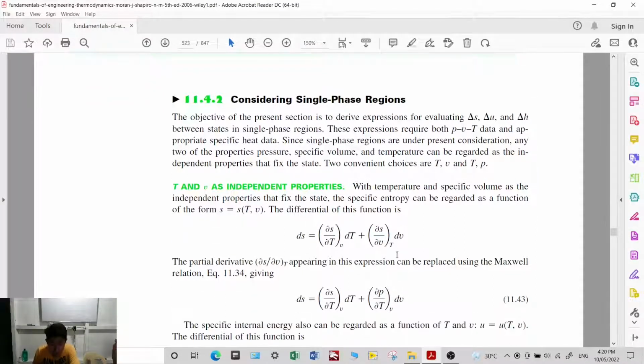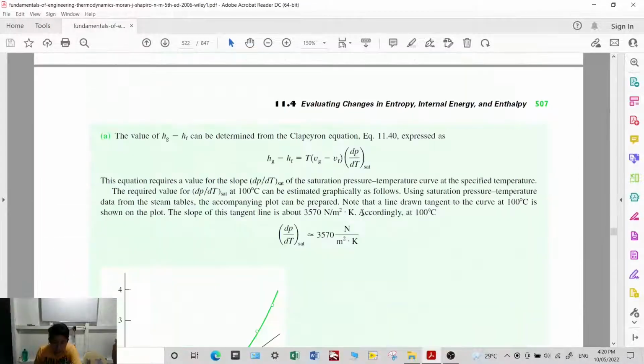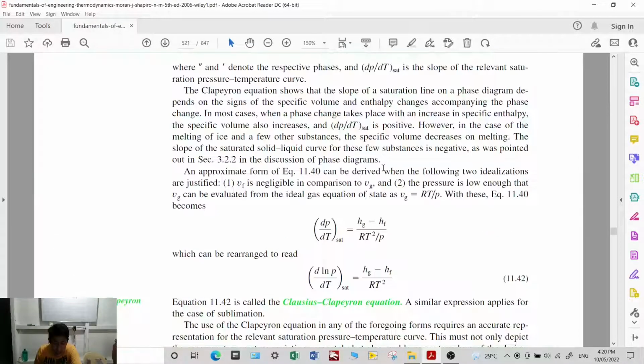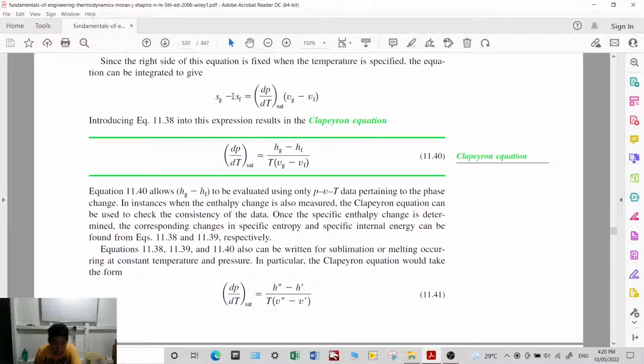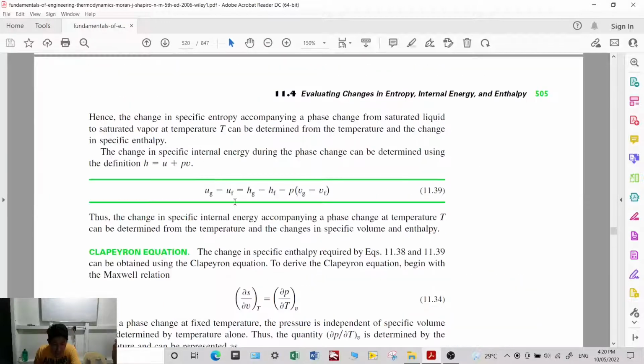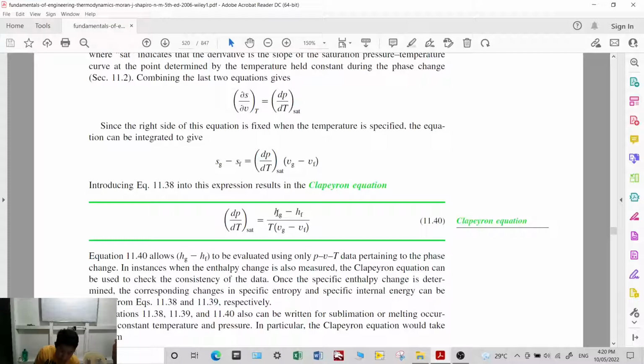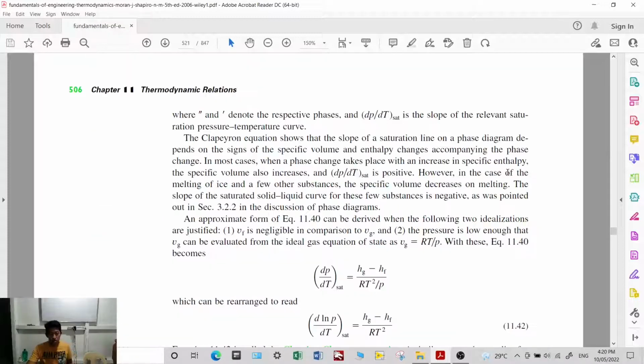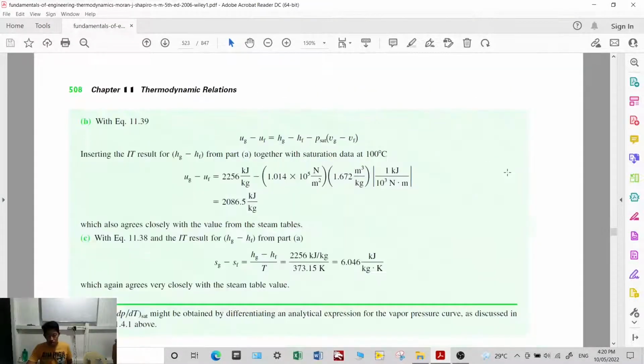What you will do is, by the way, find a way of getting the change in entropy, change in internal energy, and enthalpy using this equation, the Clapeyron equation. Okay, let's proceed.